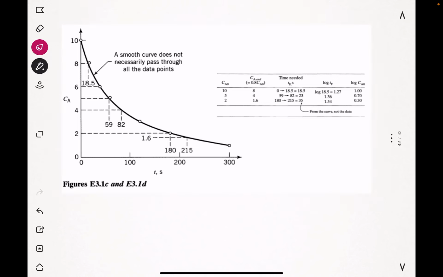So here on the left hand side, we have this plot of CA versus T, and here we had this data of CA naught 10, and then the later concentrations were 8, 6, 5, 3, 2, and 1.